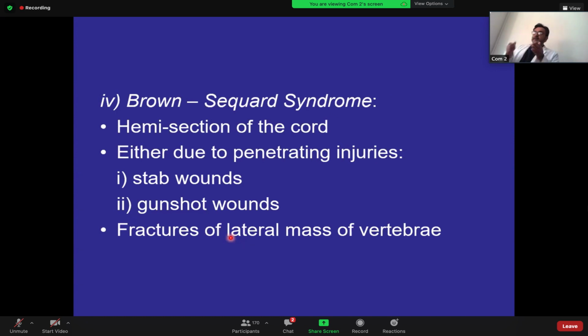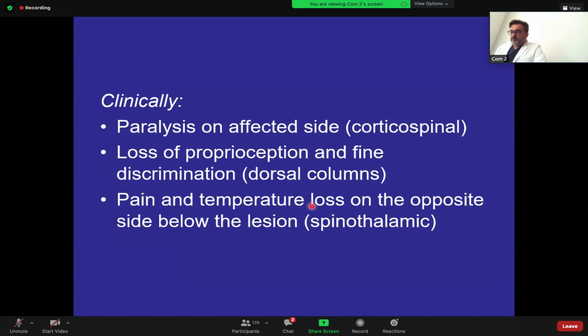So if you have a penetrating injury at the back, and it results in half of the spinal cord getting injured, the other half normal, that is what we call Brown's cord syndrome. It can also happen because of a fracture of the lateral mass of the vertebra. That can also damage half side of the spinal cord. So it is also sometimes called hemisection of the spinal cord. So hemisection, Brown's cord, is half side of the spinal cord which is injured.